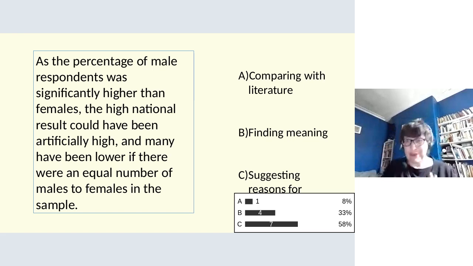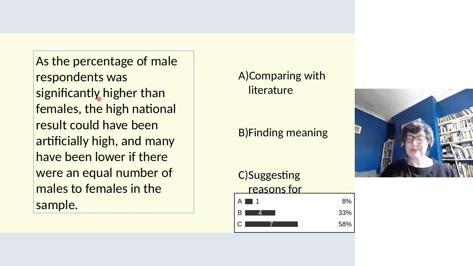The literature might be helping to explain those reasons, and some of you here finding meaning. Actually, if you are suggesting reasons for your findings, you are also finding meaning. So I can see where some of you are coming from with this, and I find that really interesting. And I'll remember your responses to this for the future. But there are still some quite clear differences.